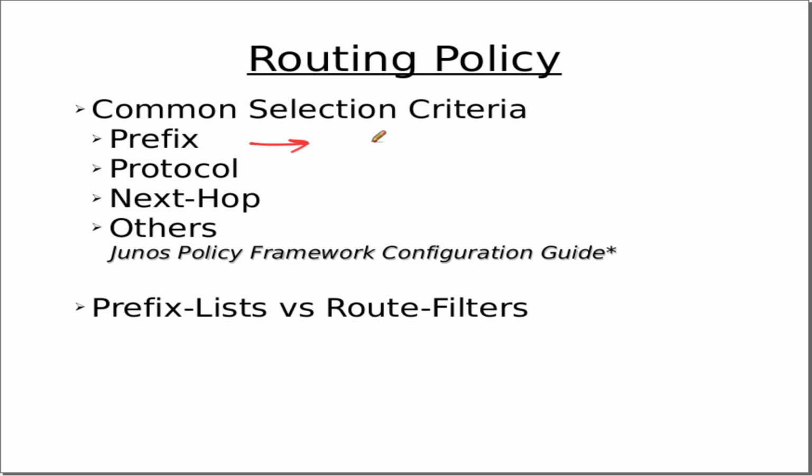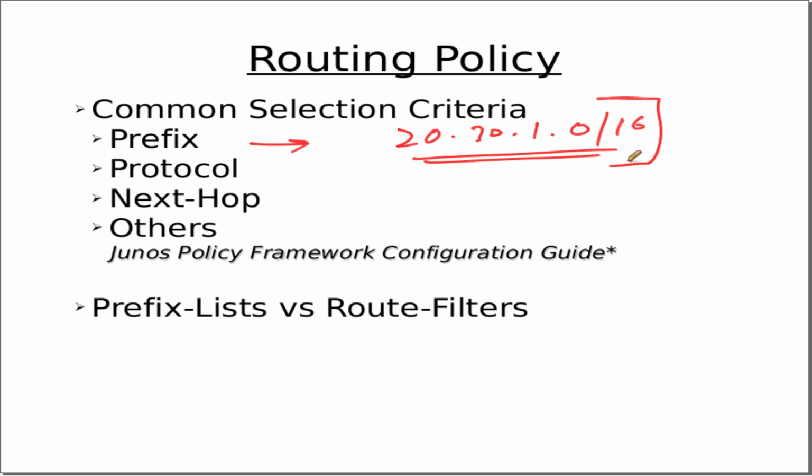So let's say if we want to match IP 20.30.1.0 with a subnet mask of 16, so we can define this IP subnet as the prefix list, and this prefix can be considered in the from statement, that if a packet is coming from this particular subnet, or maybe even in from statement we can define that if a packet is going to this particular subnet.